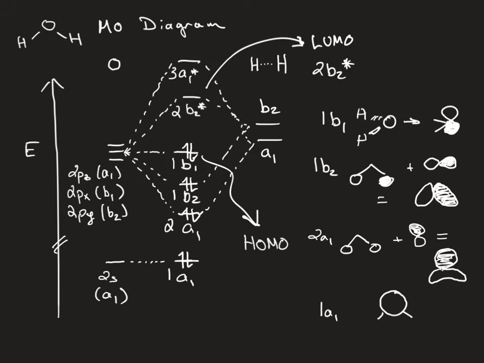So when you go through and draw out what that molecular orbital looks like, it's going to look like that. And your A1 star is going to be this combination here, out of phase with your 2pz.